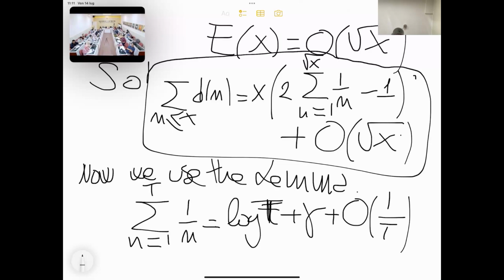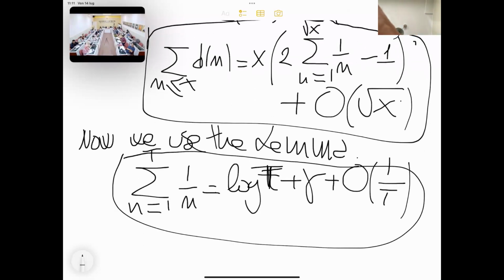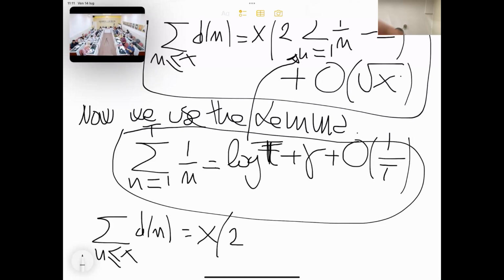So if I use it there, if I take this and I plug it in here, we get that the sum for n less or equal than x of d of n is equal to x times twice.